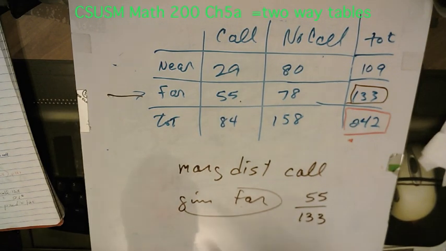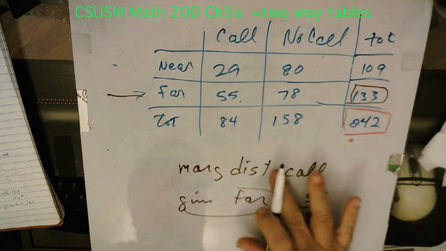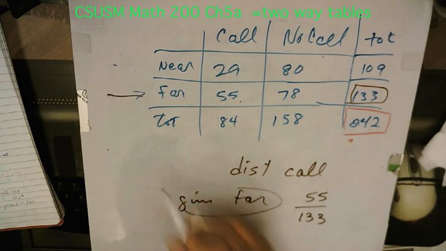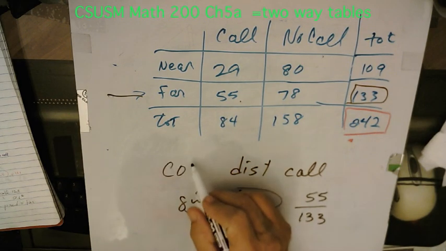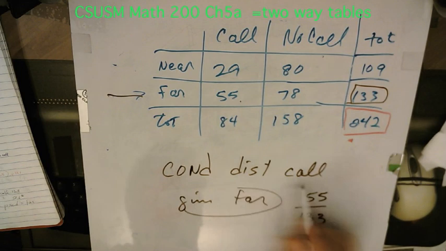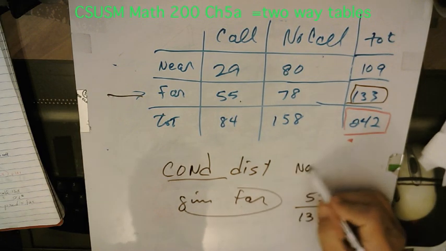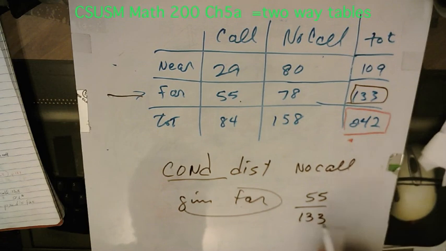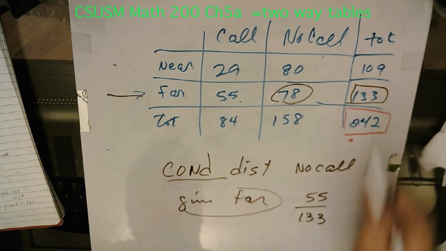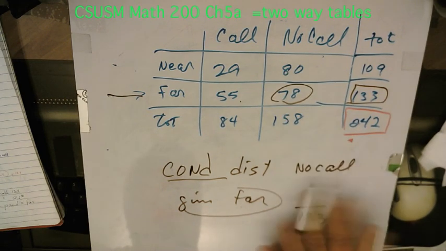If I'm using the data inside, I'm making a conditional distribution estimate. If I made the conditional distribution of the prairie dog giving no call, I would then take this 78 divided by 133.